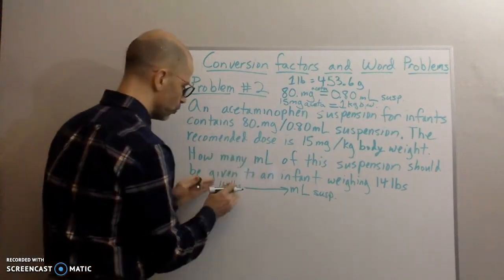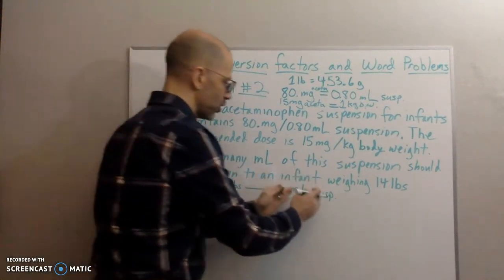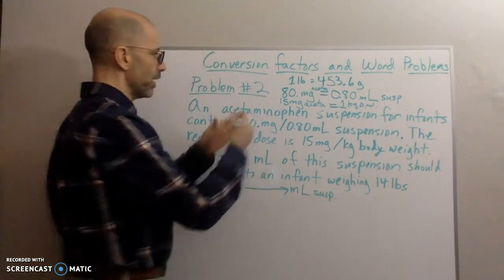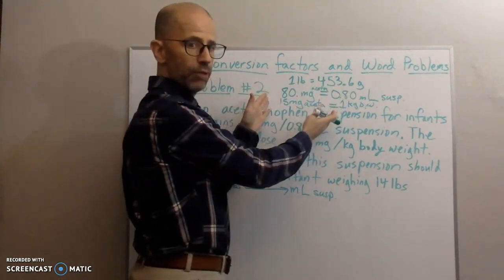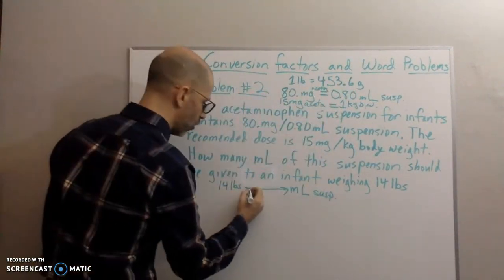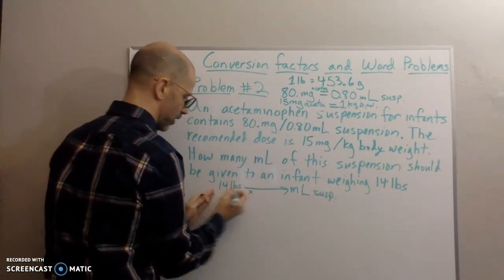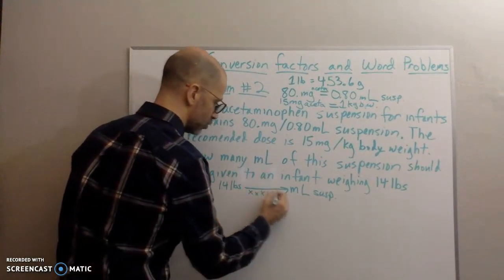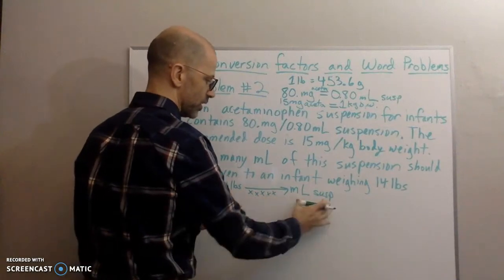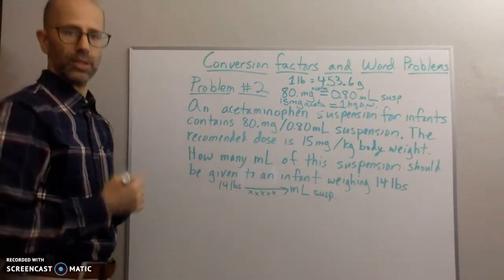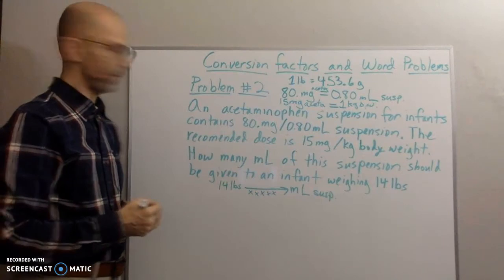Now we know where to start, we know where we need to end, and we have our relationships for the conversion factors. So now all we need to do is start here and do as many conversion factors as we need to get to milliliters. Let's get this started.